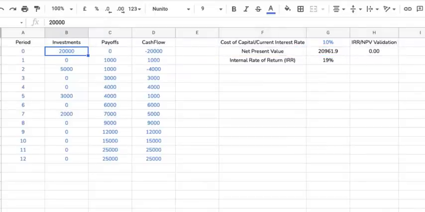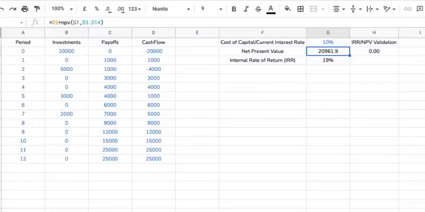And just for the sake of symmetry, I have used this number, minus 20,000, because essentially this is a negative cash flow, right?